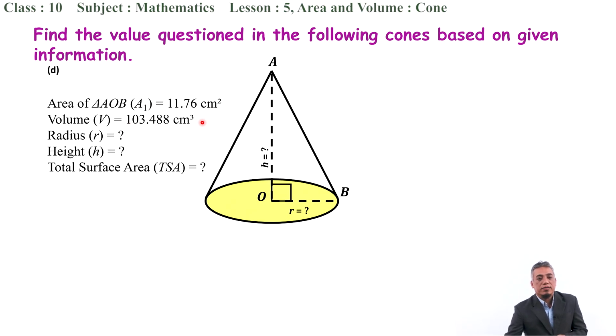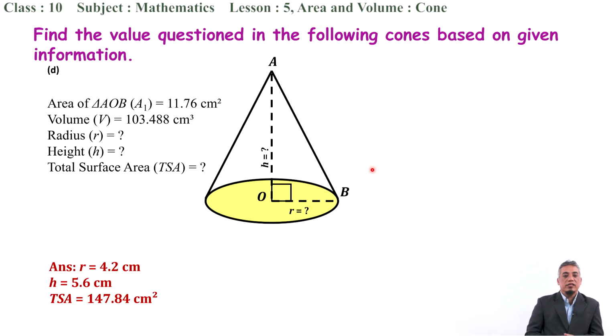Try this problem. It will involve some algebraic calculation on R and H. That much is a hint for you. And the answer is here. R comes to be 4.2 and H also. TSA also I have given here.